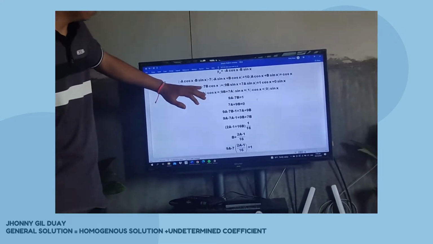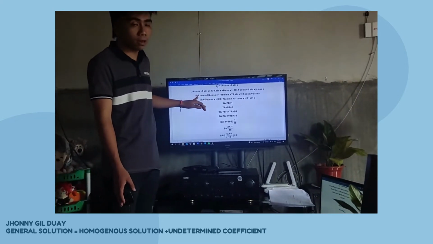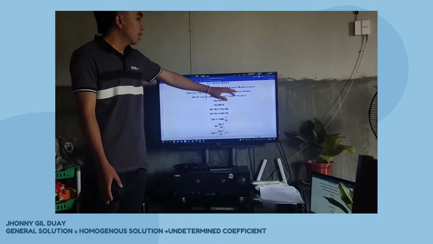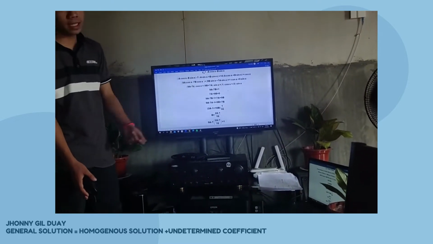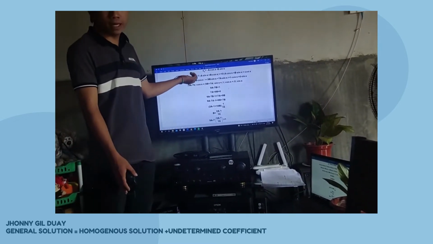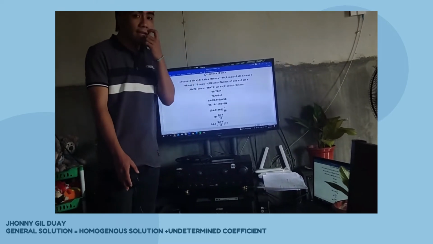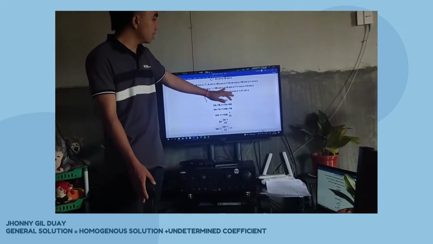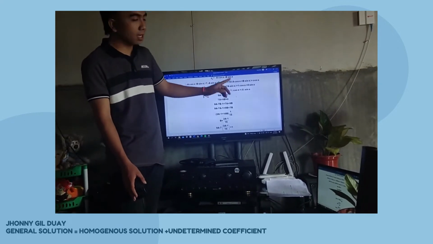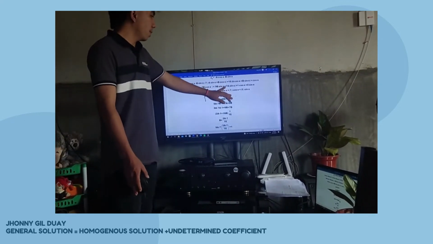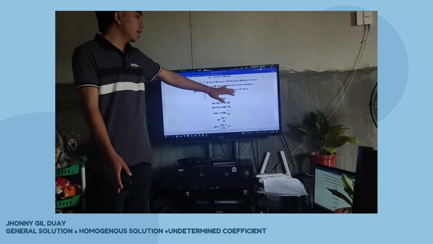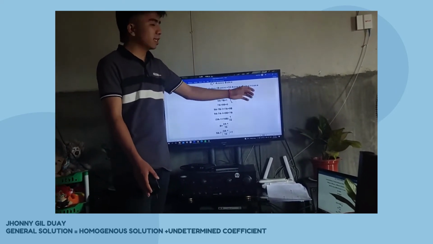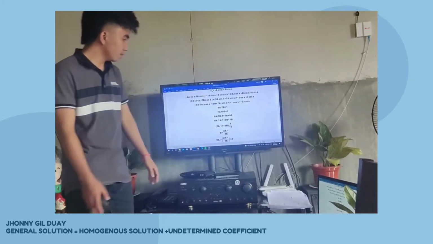So it will be 9a cos x minus 7b cos x. Plus, let's proceed to sin x. Here we have negative b sin x and here we have 10b sin x, so we'll have 9b sin x. Plus, here negative times negative is equal to positive, so plus 7a sin x equals 1 cos x plus 0 sin x.